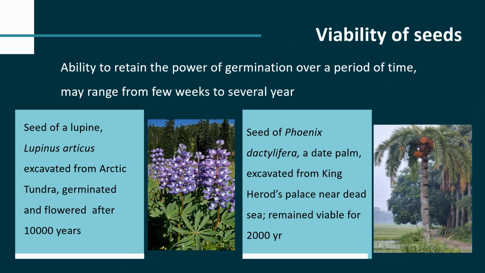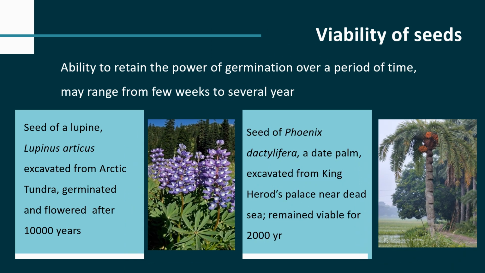Viability of seeds is its ability to retain the power of germination over a period of time, so that even if it has entered dormancy, when suitable conditions are provided, it can bring life back and germinate into a whole new plant again. The period of viability may range from a few weeks to several years. As an example of this, we have two examples quoted.